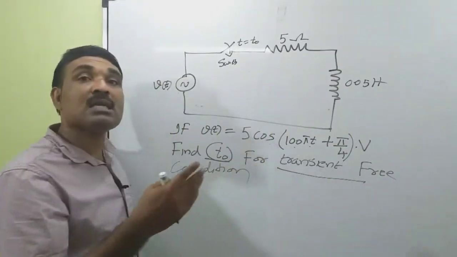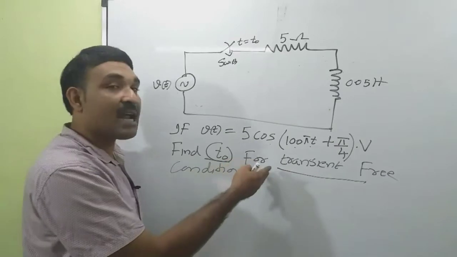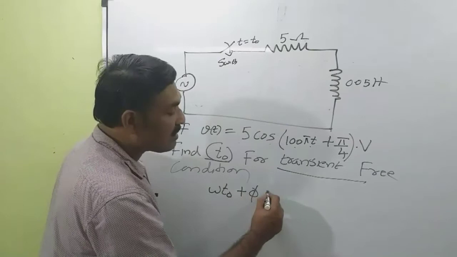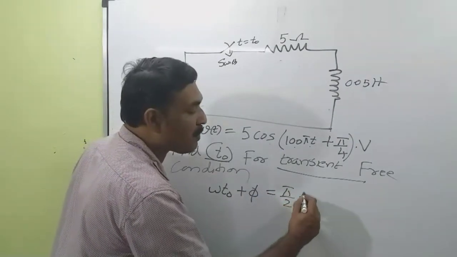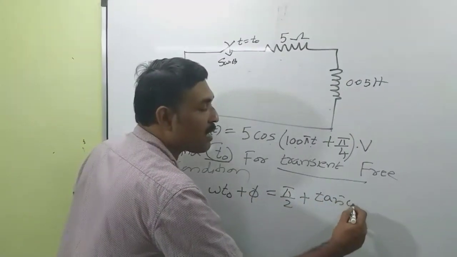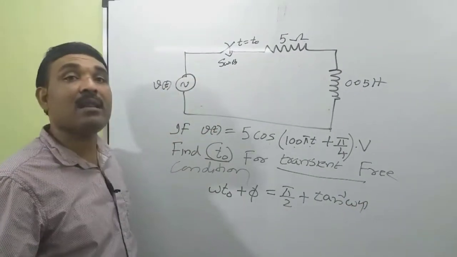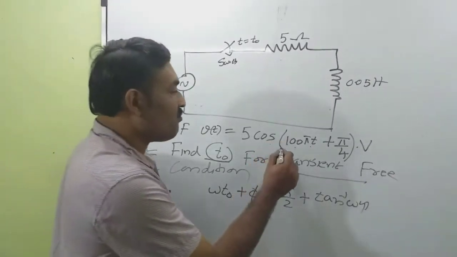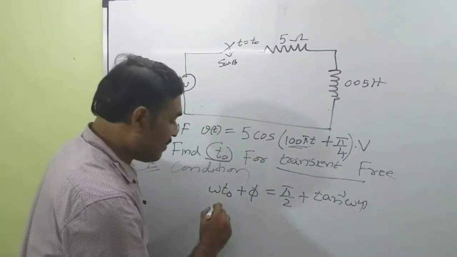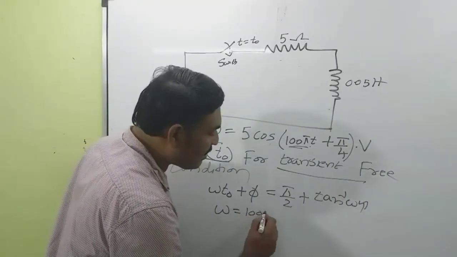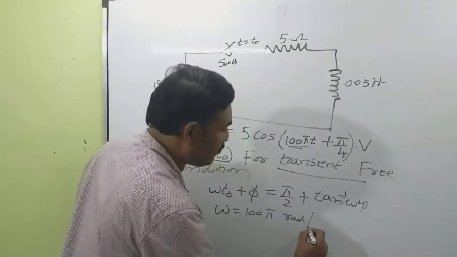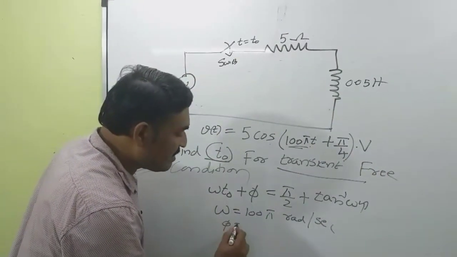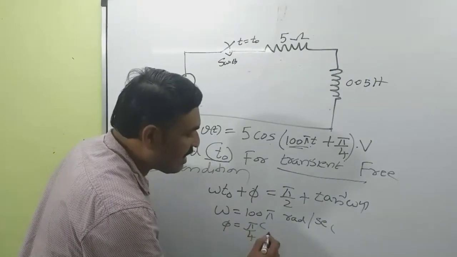The given input is in cosine form, so we can write the condition for transient free as omega t0 plus phi is equal to pi by 2 plus tan inverse omega tau, where tau is equal to L by R. From here, omega is equal to 100 pi radian per second, and phi is equal to pi by 4 radian.